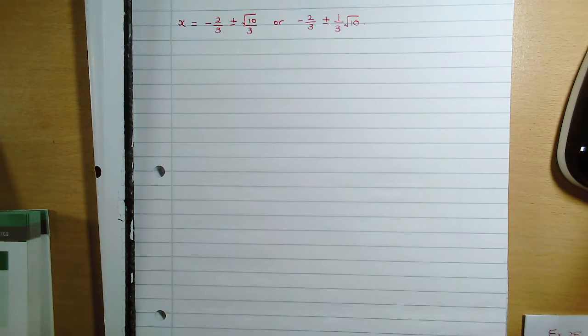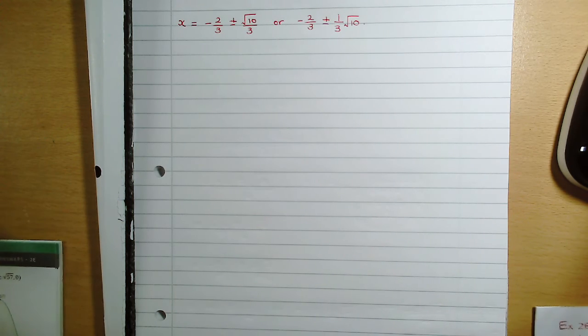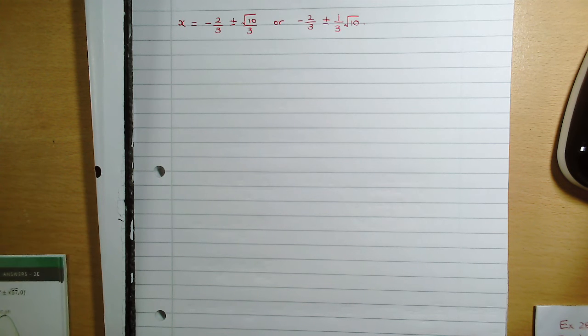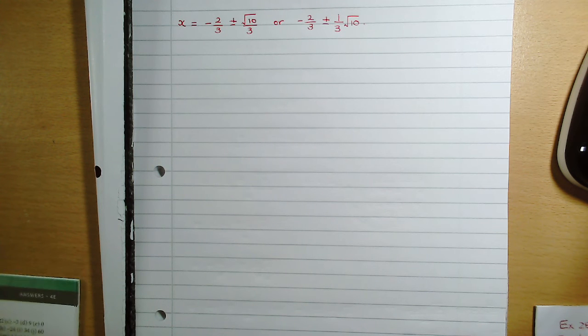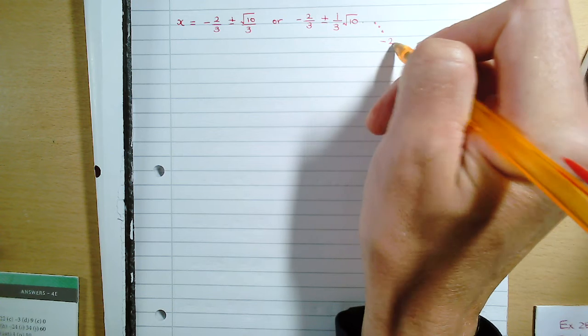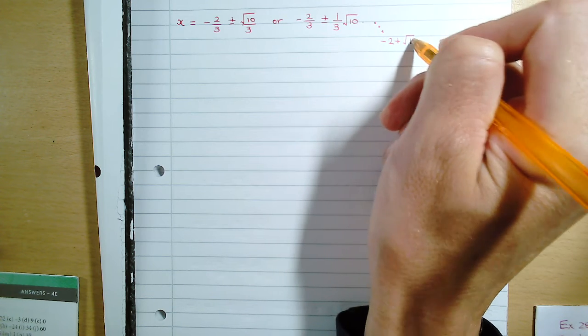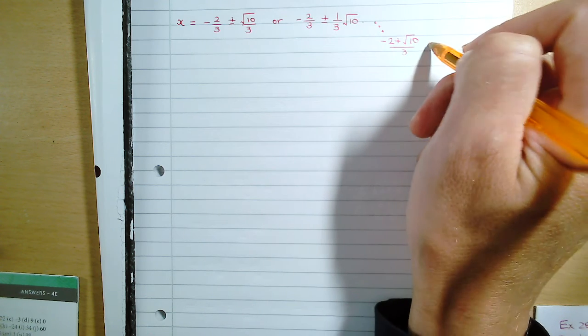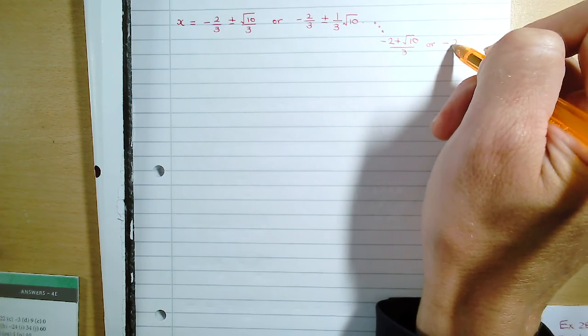So again, if we inspect the book, this is 2 part f. Yeah, so the book gives -2 plus root 10 over 3, or -2 minus root 10 over 3.